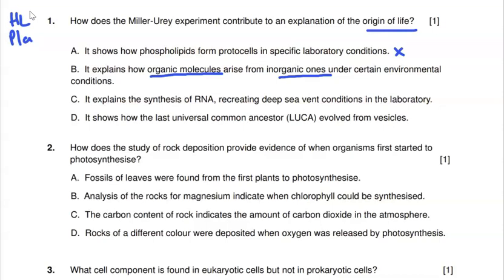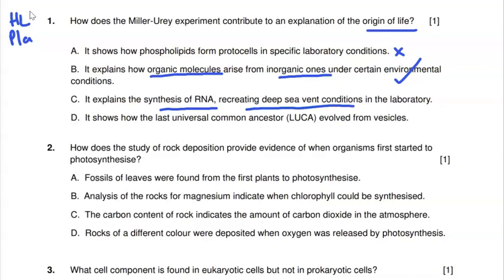So this is a possibility, and that allows me to raise a point about multiple choice questions with the IB, that we're looking for the best fitting answer, not a perfect fit. So that one's pretty good. C, it explains the synthesis of RNA, recreating deep sea vent conditions.